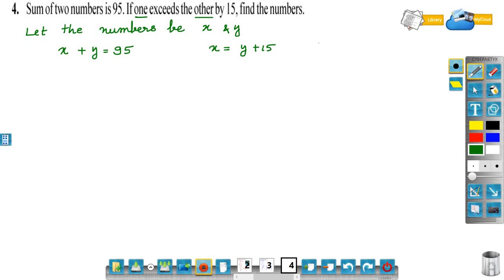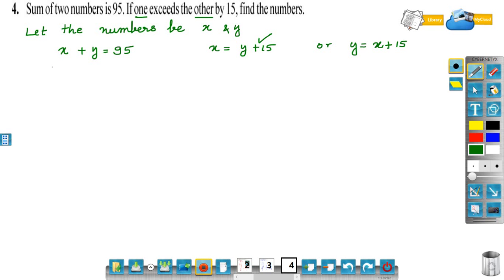Or you can take one number, that is y, is equal to 15 more than x also. You can take either this or this. Now I will use this: x is equal to y plus 15.